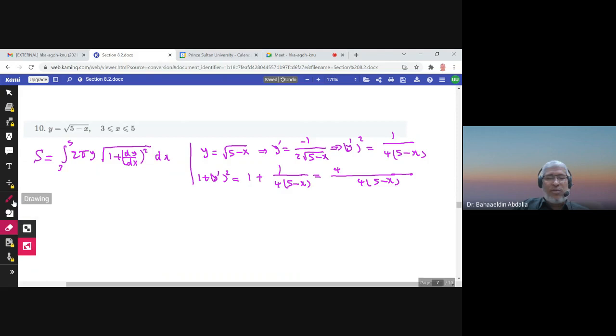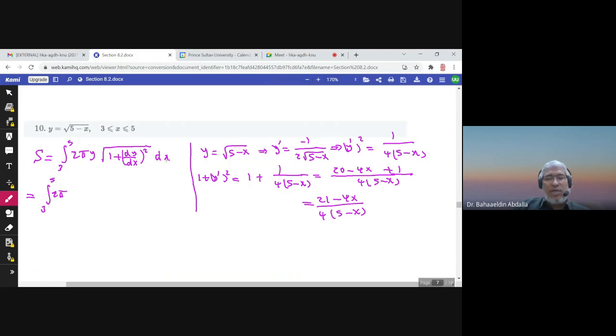So let me multiply because I need to simplify in the numerator. So 4 times 5 is 20 minus 4x plus 1. So the answer is 21 minus 4x over 4 times 5 minus x. Now the surface area would be integral from 3 to 5 of 2 pi.